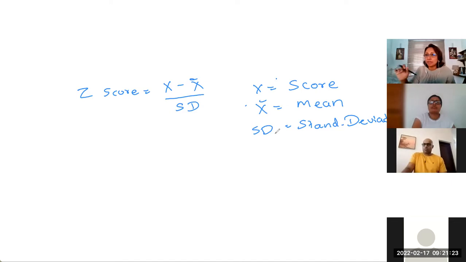Then you divide it by the standard deviation to see how many standard deviations it is away from the mean. It's the same way you find out how many kilograms is 10 pounds: you divide by 2.2. So here we have that example in the book.